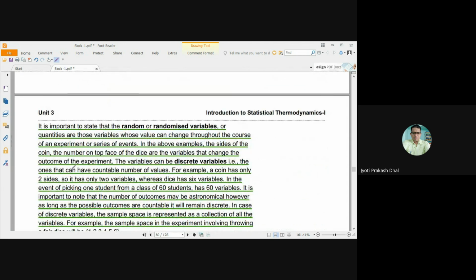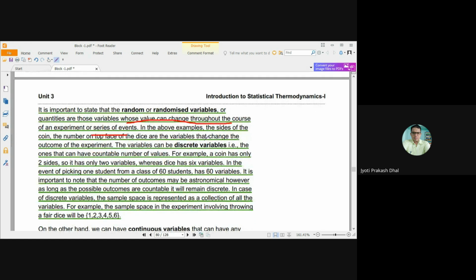Now, it is important to state that random variables or quantities are those variables whose value can change throughout the course of the experiment or series of events.